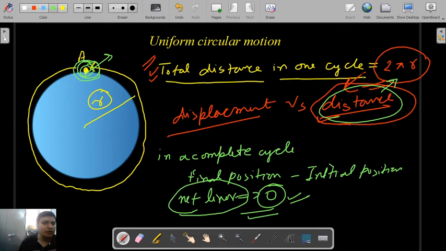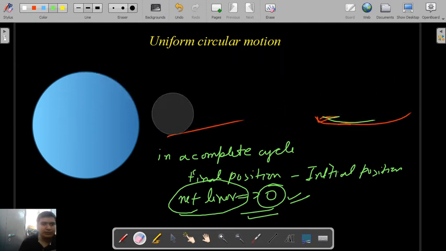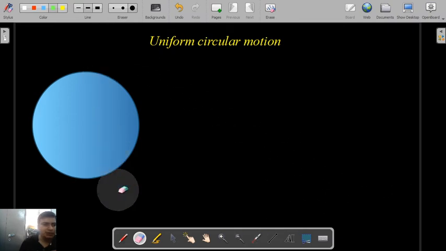Now we are moving to a different type of displacement, which is called angular displacement. So suppose initially, this is the radius of your circle r, and this is the point A, which is your reference point.